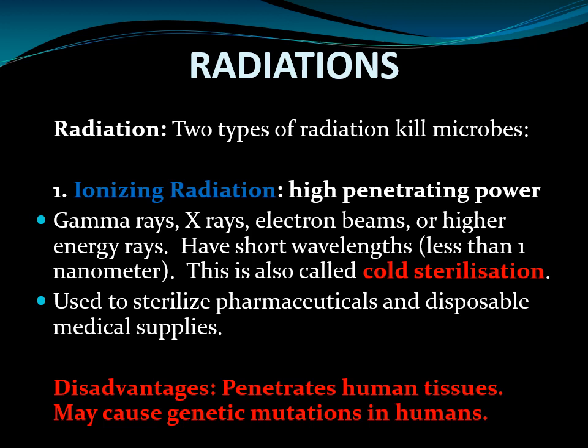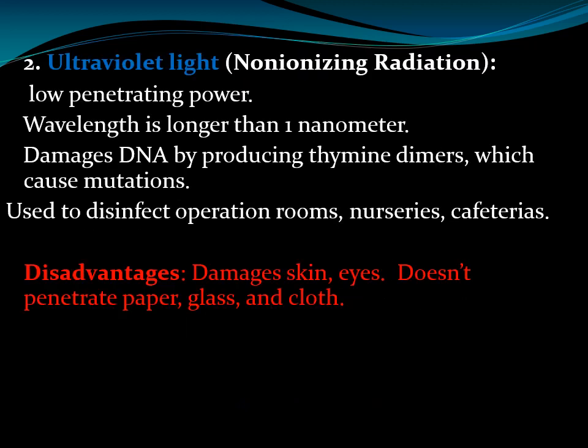So for those items which are heat sensitive, we can use this cold sterilization. They are mainly useful to sterilize pharmaceutical and disposable medical supplies. What is the disadvantage? It can be harmful to human tissue and can cause genetic mutation.